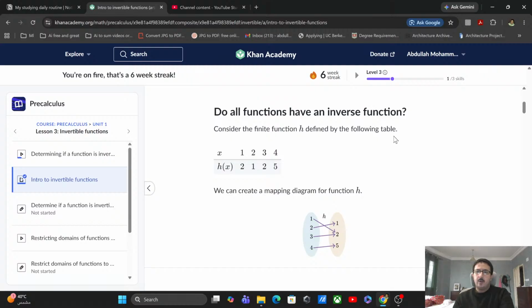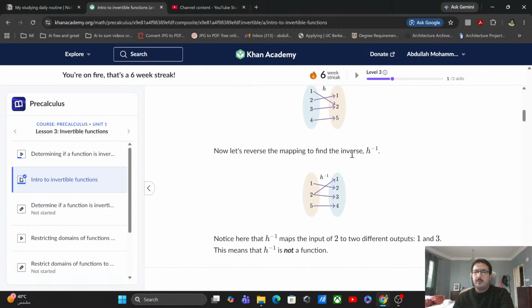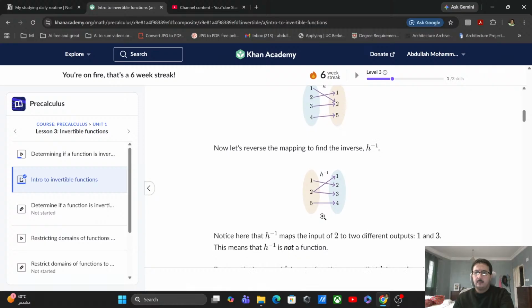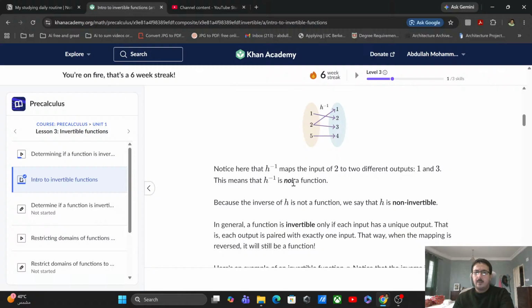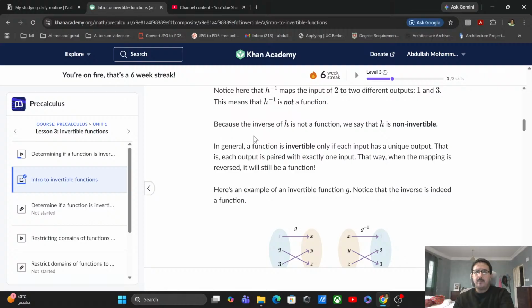No. Some functions map an input to 2 different outputs, 1 and 3, so the inverse of h is not a function.